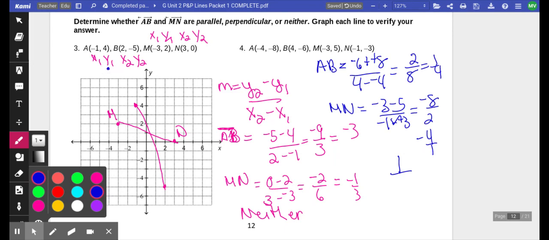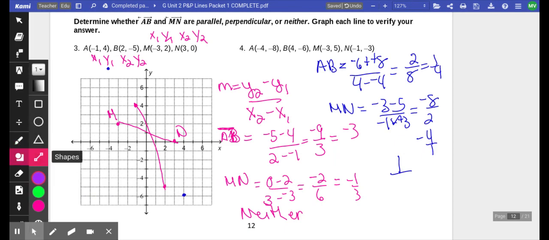Can't quite fit it. It's up a little bit. So it gives me that line.